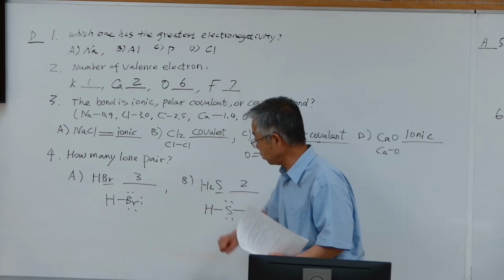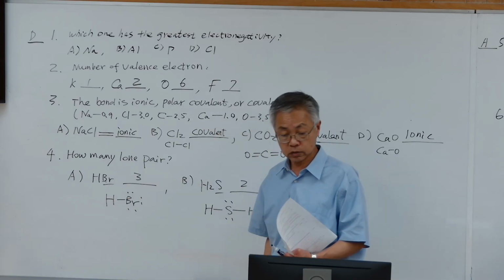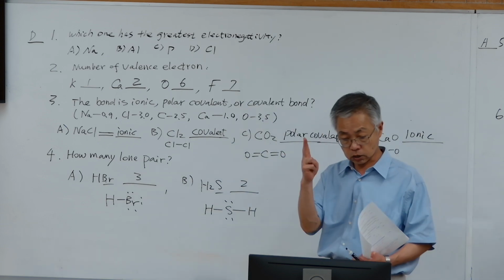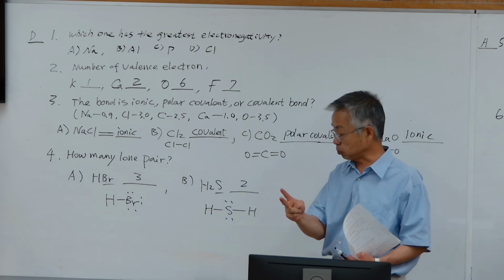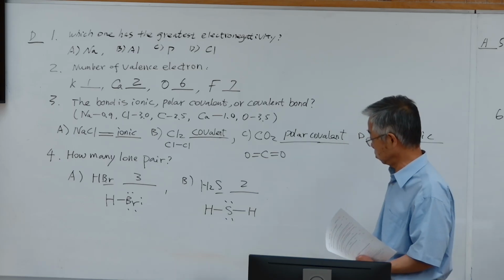Initially 7 valence electrons, but you need to use 1 to form this single bond. So only 6 left. 6 electrons is 3 pairs, since each pair is 2 electrons. So your answer is 3.